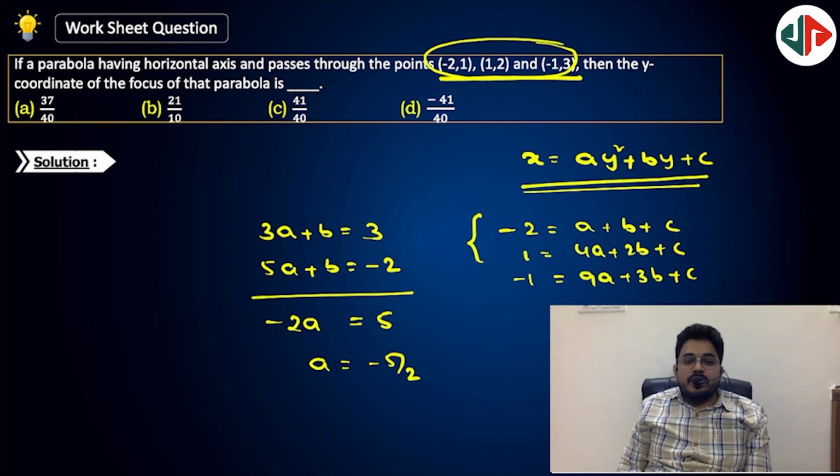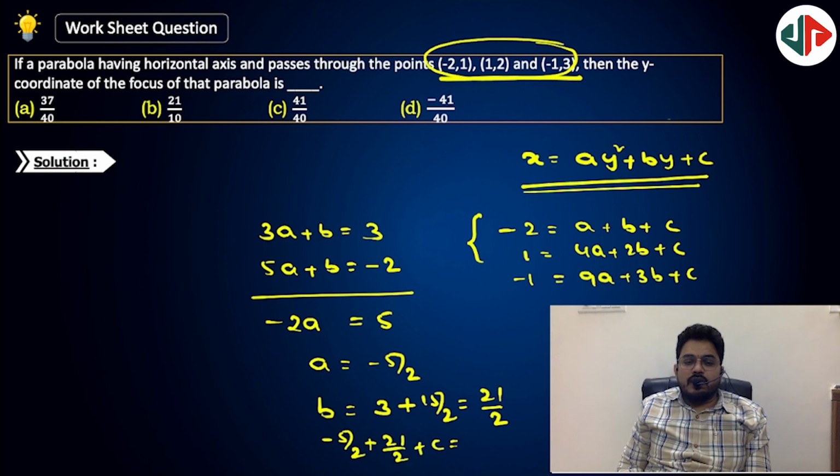Okay. So then b is equal to 3 minus of minus 15 by 2 is equal to 21 by 2. So minus 5 by 2 plus 21 by 2 plus c is equal to minus 2. So this value is equal to 8. So c is equal to minus 10.